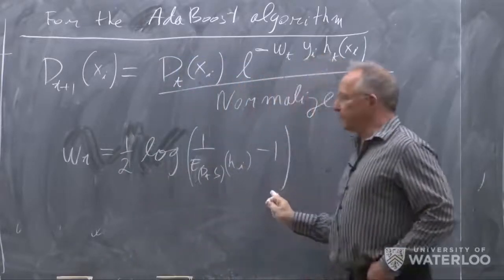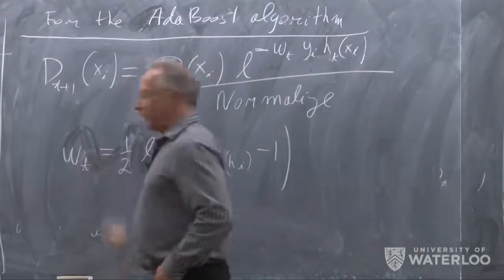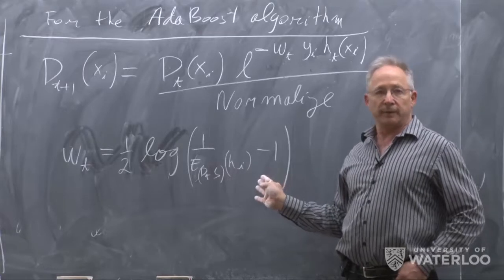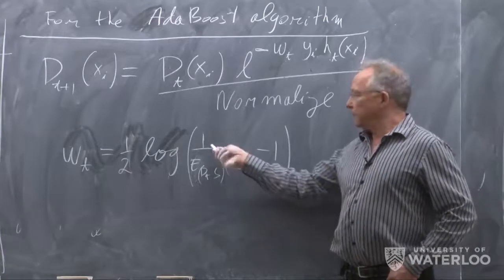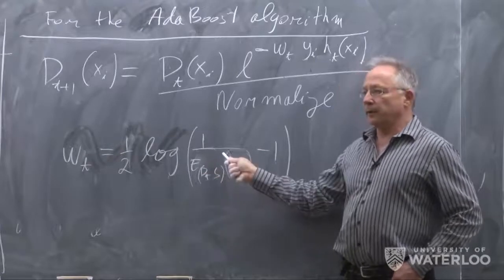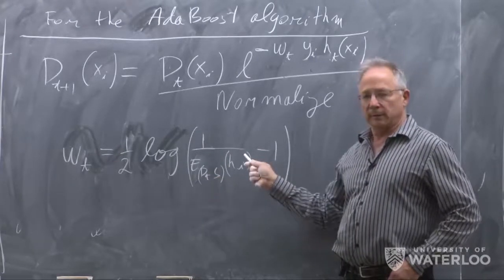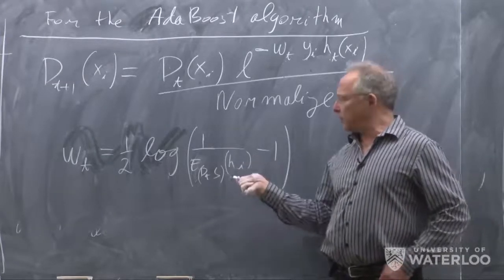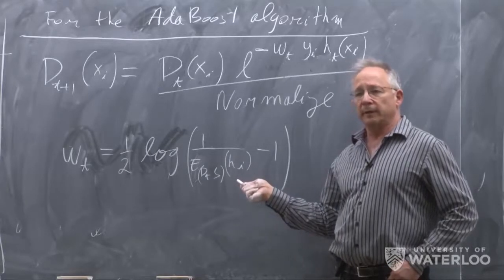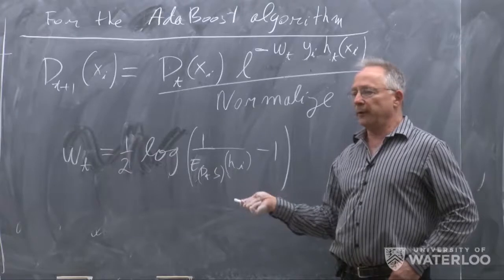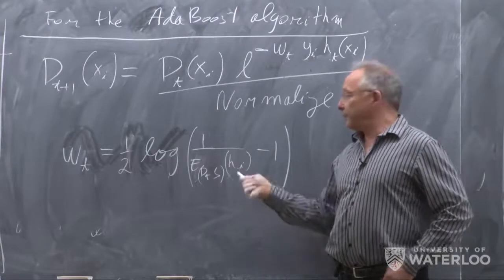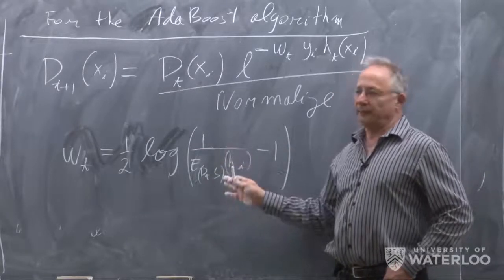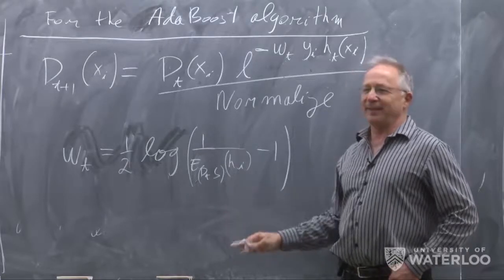Again, the formula looks confusing, so let me just explain what it does. This is the weight that I'm going to give to every hypothesis, and it depends on the error. The smaller the error, do I give it more weight or less weight? If it makes a small error, I give it a big weight.